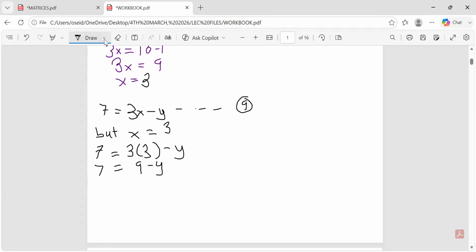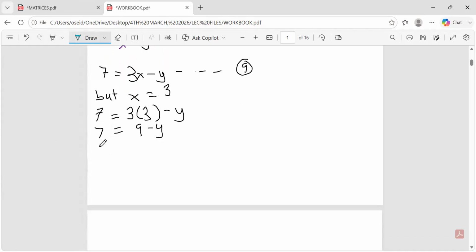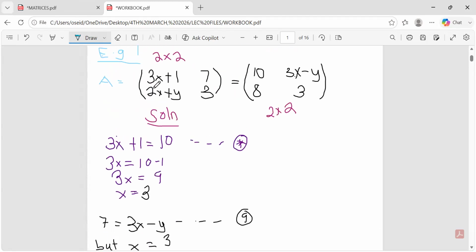So y will be equal to 9 minus 7. Hence y equals 2.